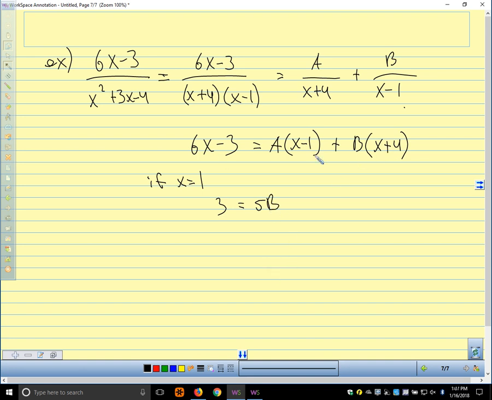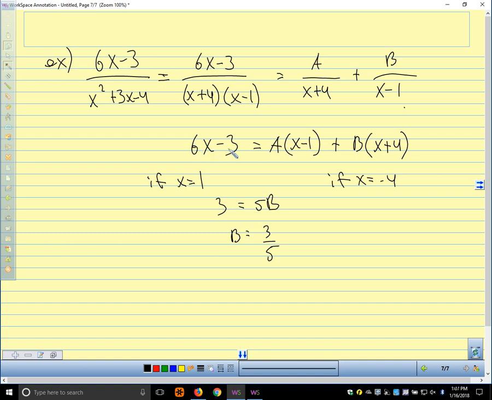I plug in x equals 1. This goes away. 6 times 1 minus 3 is 3. 1 plus 4 is 5 times b. So b equals 3/5. And what's the other convenient value? If x equals negative 4, we plug in negative 4.